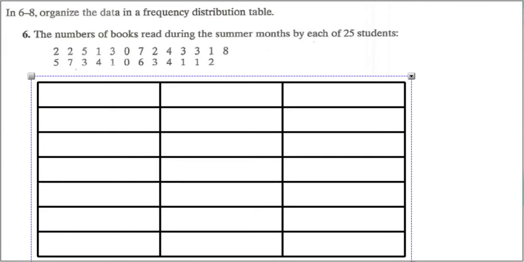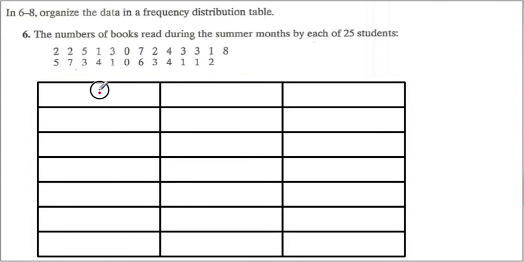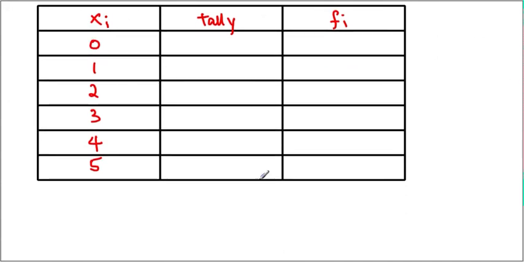So here, I'm going to call this one X, this is the frequency for that table, this is the tally. So it seems 0 is the smallest one, and 8 is the highest one. So I'm going to put 0, 1, 2, 3, 4, 5. Actually, I have to add more.